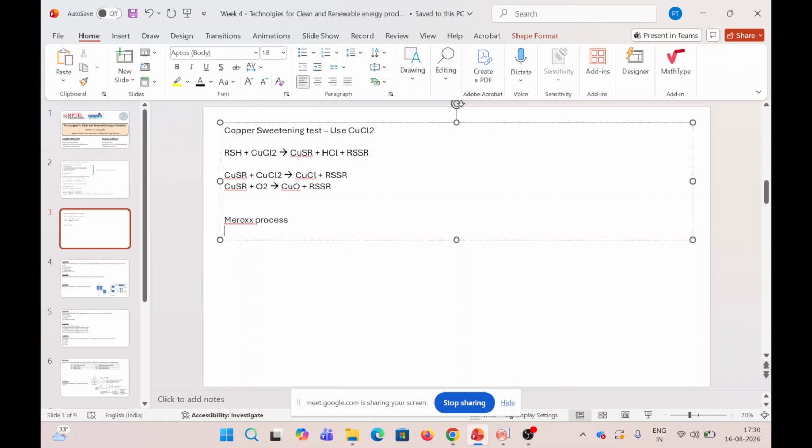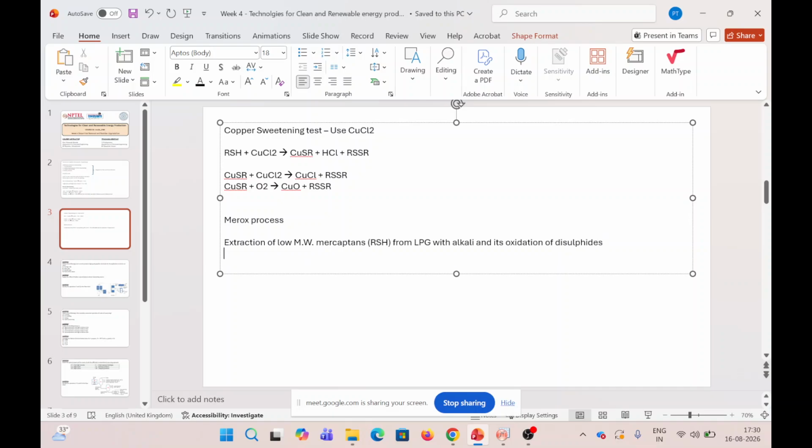So the Merox process is basically used, first, for the extraction of low molecular weight mercaptans, RSH, from LPG with alkali and its oxidation to disulfides.